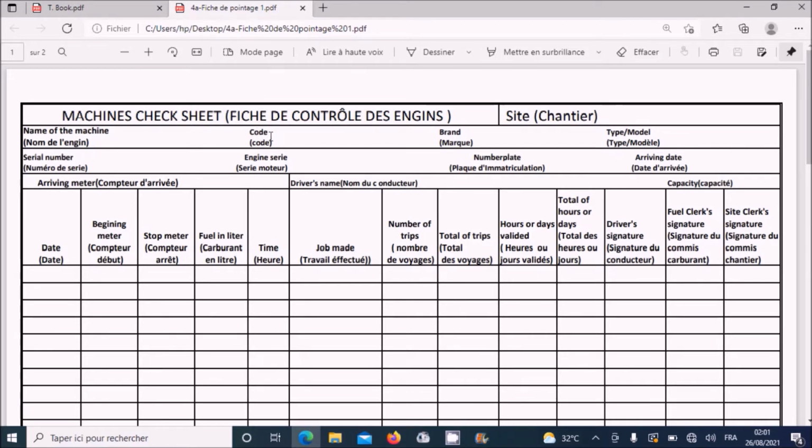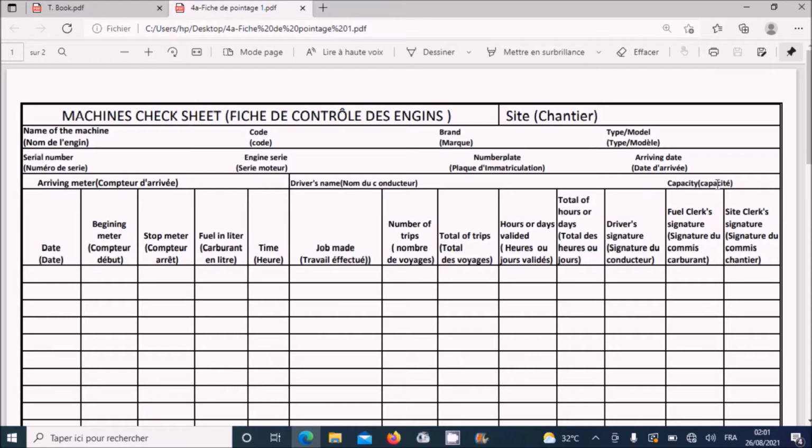The code here stands for pack code. We have the brand, the type or model. We have the serial number, the engine series, the number plate, arriving date. We have the arriving meter. We have the driver's name.